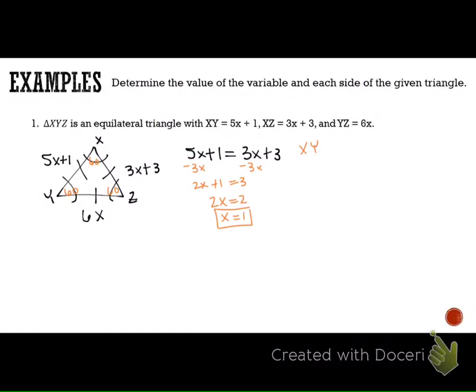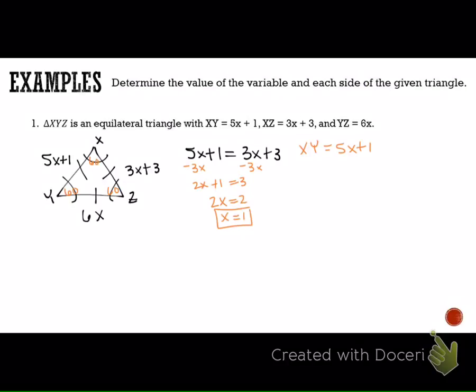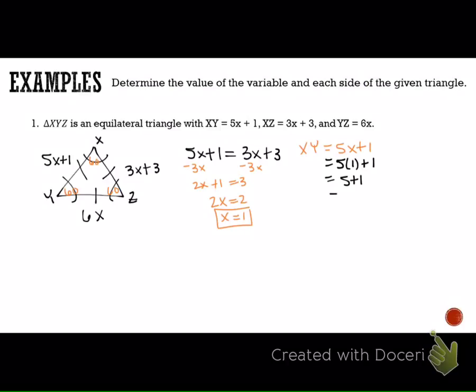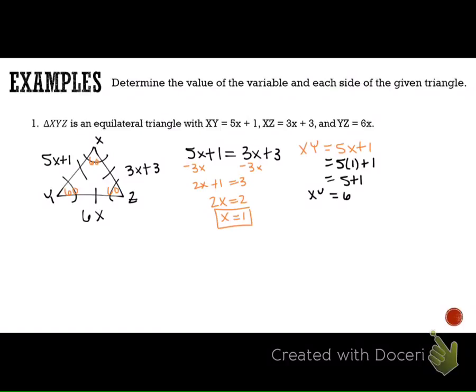So XY is 5x plus 1. To find that length, Hunter, what do I do? And then XZ is 3x plus 3.